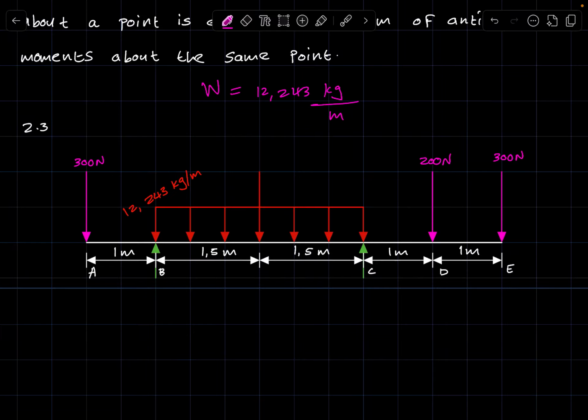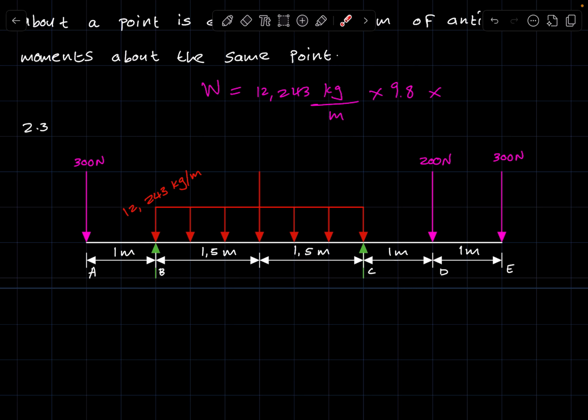We want to convert this to its weight component, so you multiply this by g. G is 9.8 for engineering science, right? But multiplying this by g only converts the numerator into newtons, right? Then to get rid of this, you then multiply it by the span of the UDL, right?